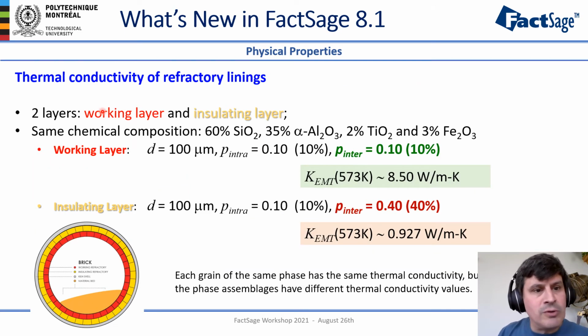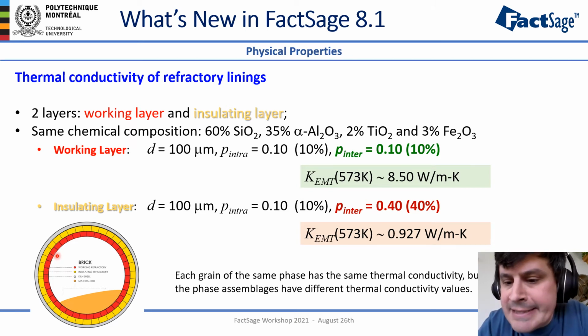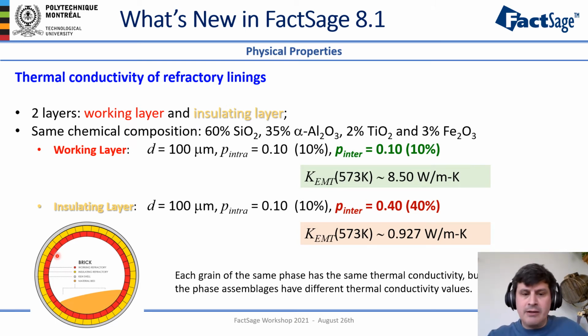As an example, here is a reactor with 2 refractory linings. One is a chemical layer or working layer, and the external layer in yellow is the insulating layer, thermal insulation. Now, these 2 layers have the same phases with the same composition: 60% quartz, 35% corundum, 2% rutile, and 3% hematite.